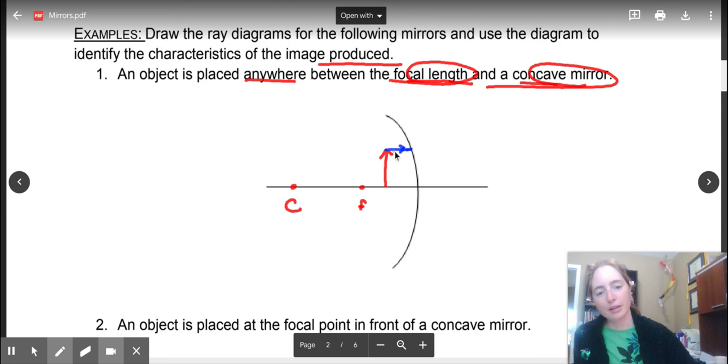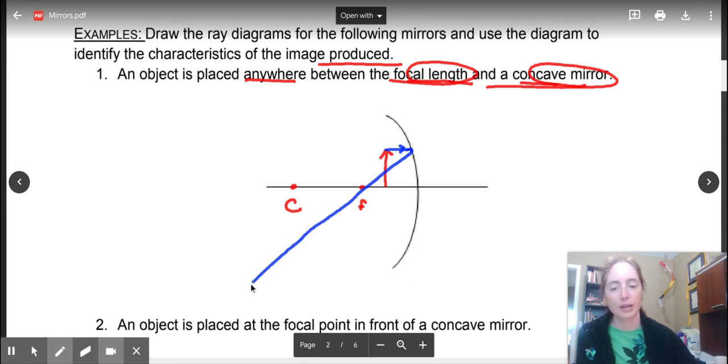Then remembering that rays of light that are parallel to that principal axis are going to reflect off and go back through that focal point, I'm going to draw my line going back through my focal point. And off goes that ray of light.